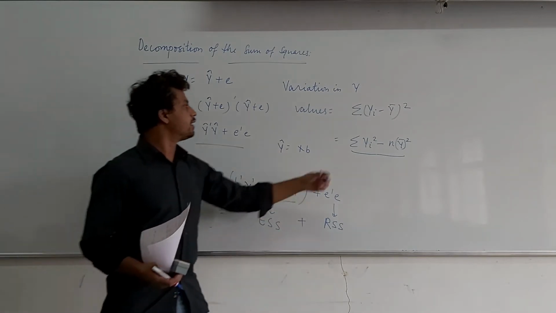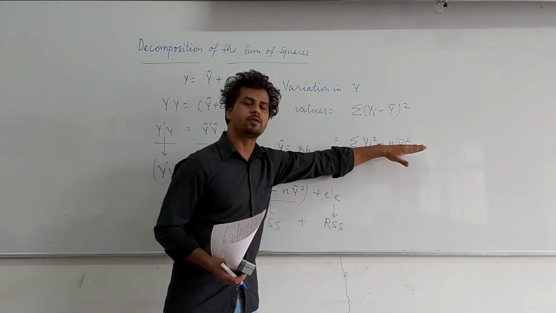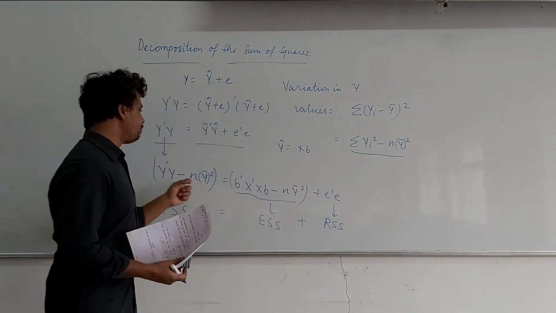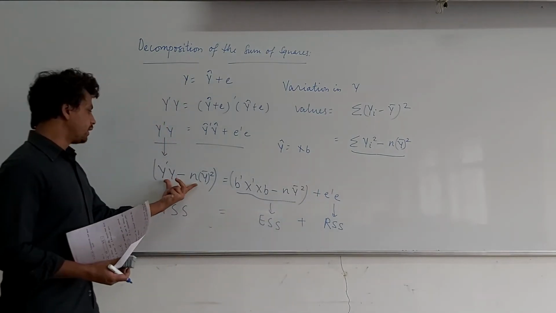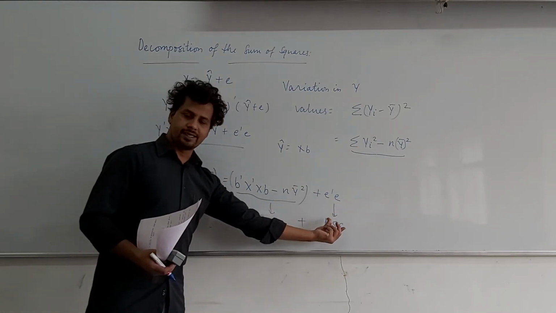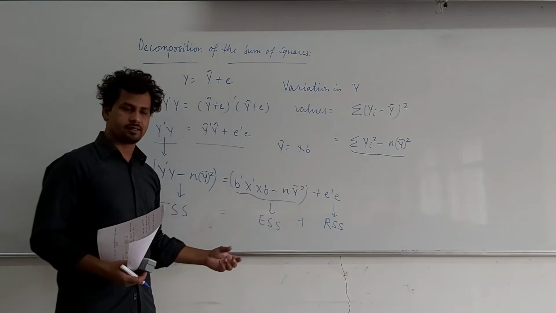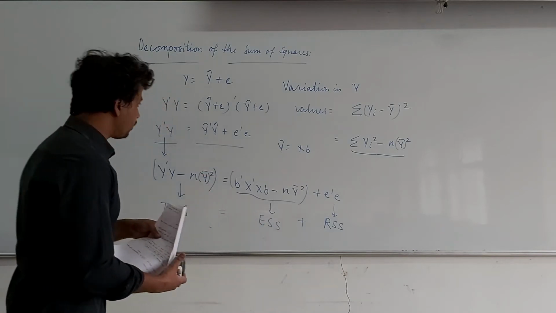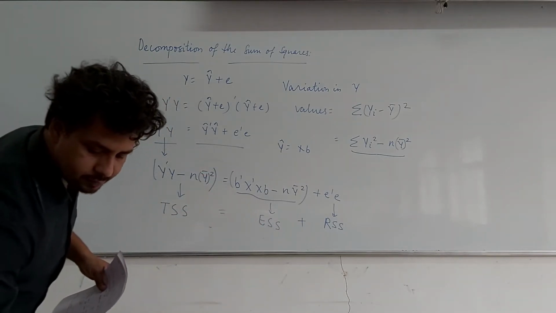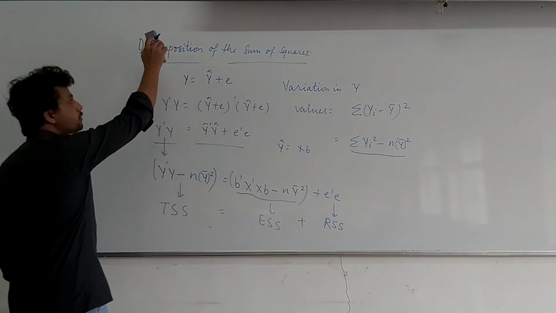That variation is found by this term. So we subtract n times the mean of y square from both sides of the expression. This term will be called the total sum of squares. This is your familiar residual sum of squares, and this term is called the explained sum of squares. We'll talk about these three terms as we progress ahead in the course. Okay, so I'll erase this for now.